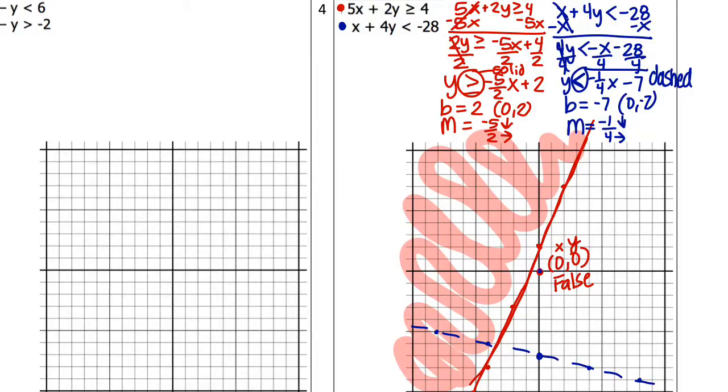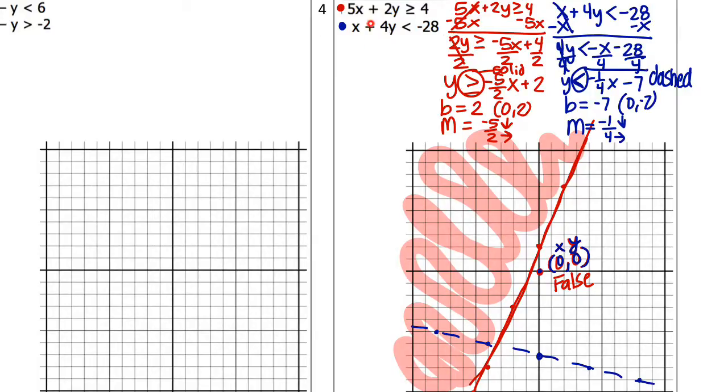I'm going to choose to check (0, 0) again, just because it is easiest for me to check. So if I come back up to my inequality, if x is 0, then it's 0. And if y is 0, 4 times 0 is 0. 0 plus 0 is 0. Is 0 less than negative 28?